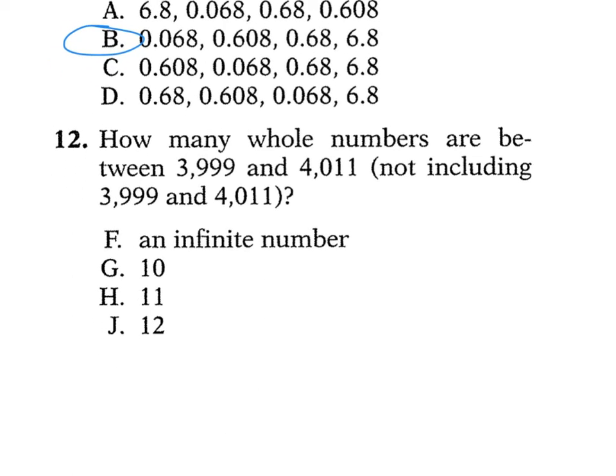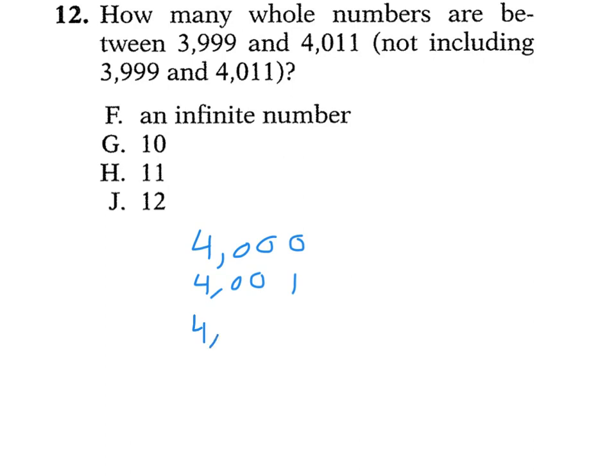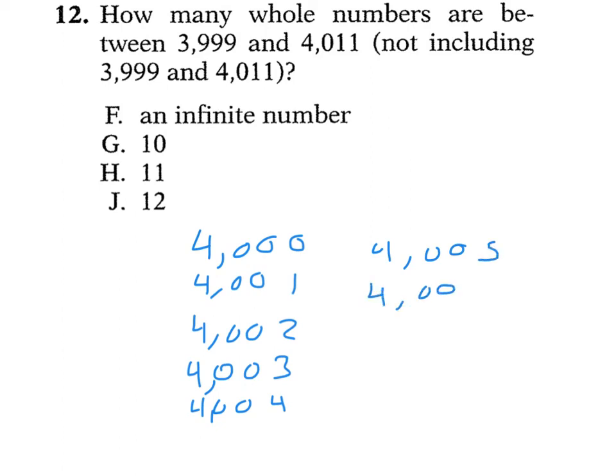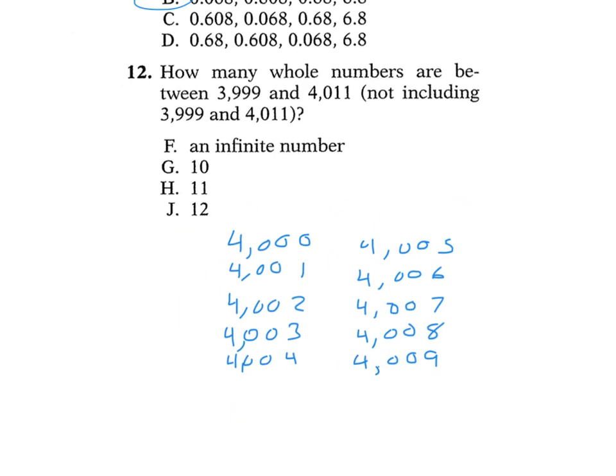So we have in between them 4,000, 4,001, 4,002, 4,003, 4,004, 4,005, 4,006, 4,007, 4,008, 4,009, and 4,010.